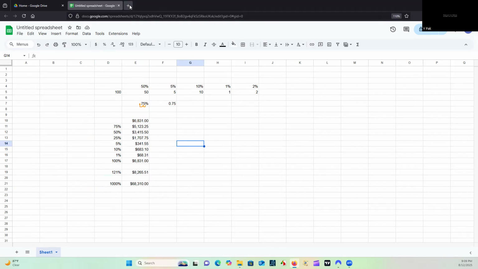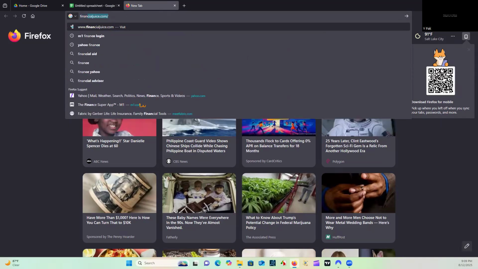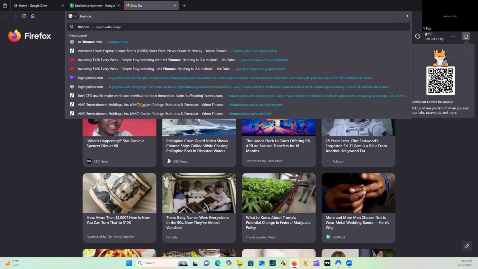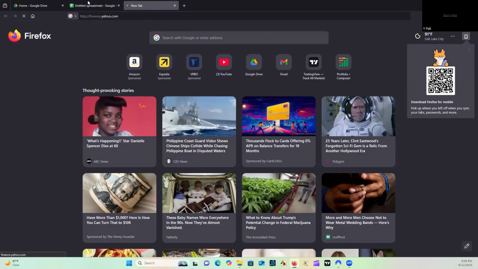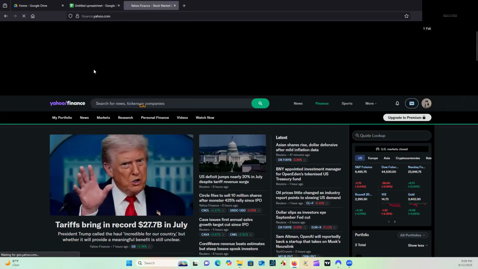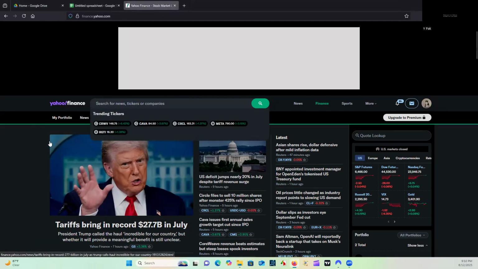But just a sneak peek. I want you to remember finance.yahoo.com. This is a website you'll use very often, and this is where we can look up any stock.